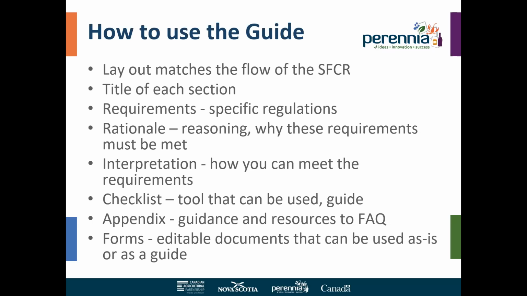And then we have the appendix, and it's a guidance and resources to frequently asked questions that a lot of clients come to us asking. And then there are those downloadable forms that I already talked about. So these are editable forms, documents that can be used as is or as a guide. So just keep in mind that you have to tailor them to your specific operation.